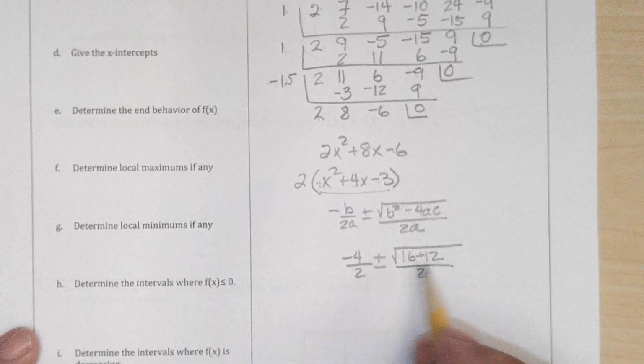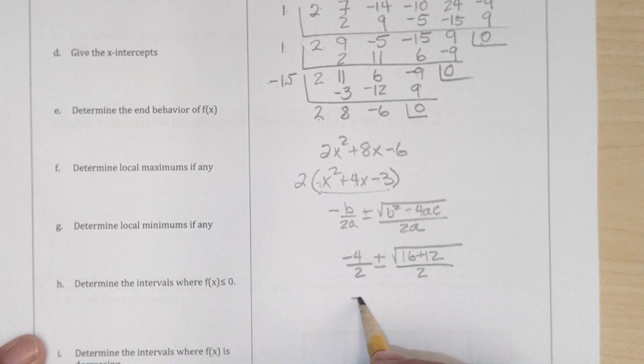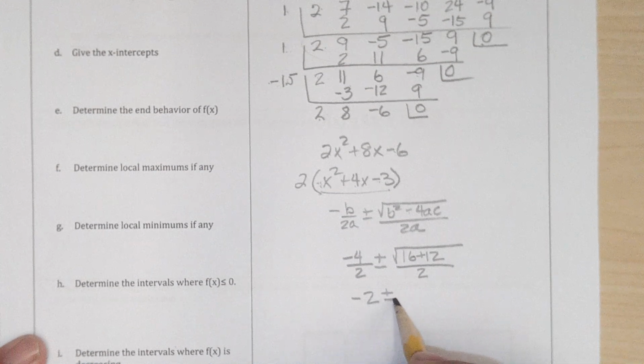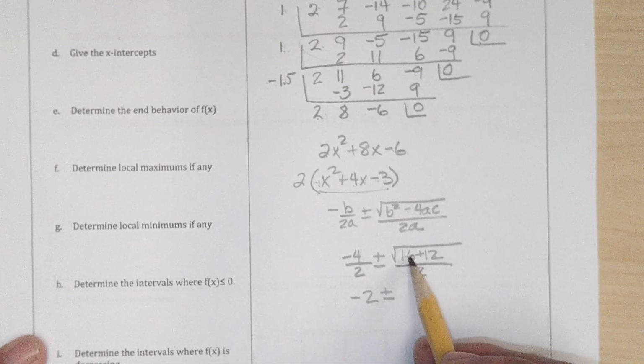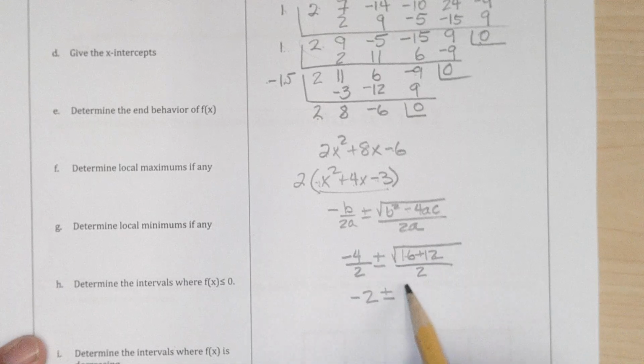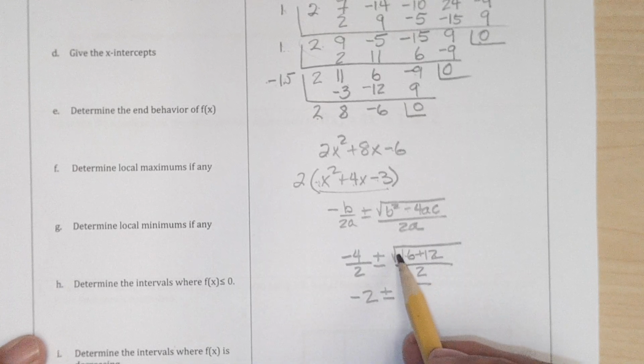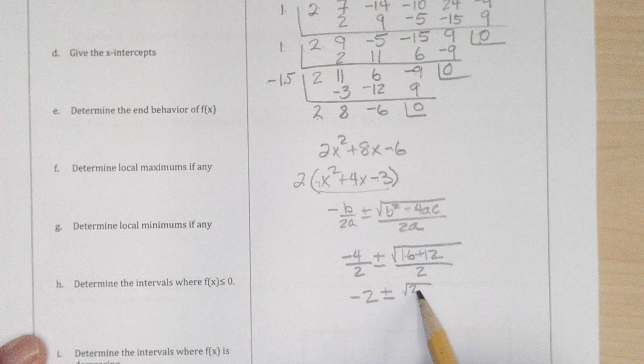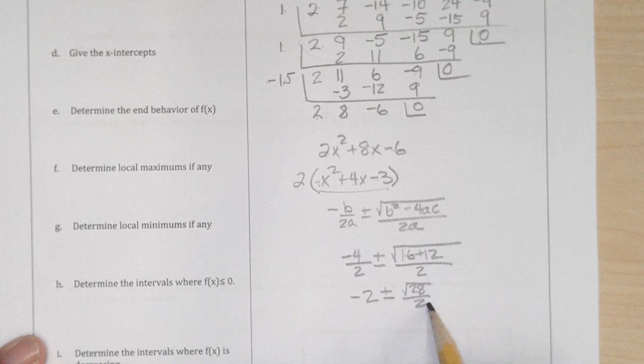And so I get negative 4 divided by 2 is negative 2 plus or minus the square root of 28 divided by 2.